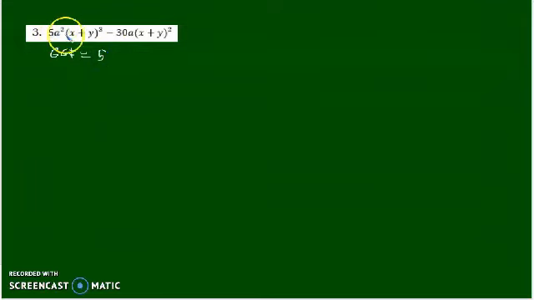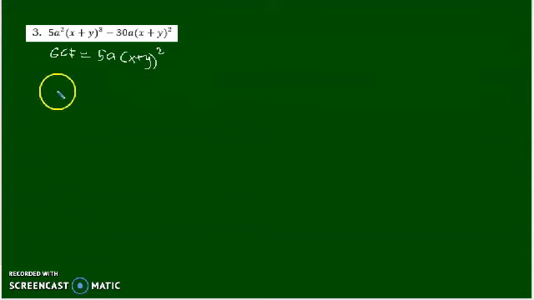For the variable a, so we have here a squared and then a, so get the smaller exponent of a, which is 1. And then for the quantity of x plus y, here the power is 3, and on the second term the power is 2, so therefore get the quantity of x plus y raised to the second power. So this is the GCF now.